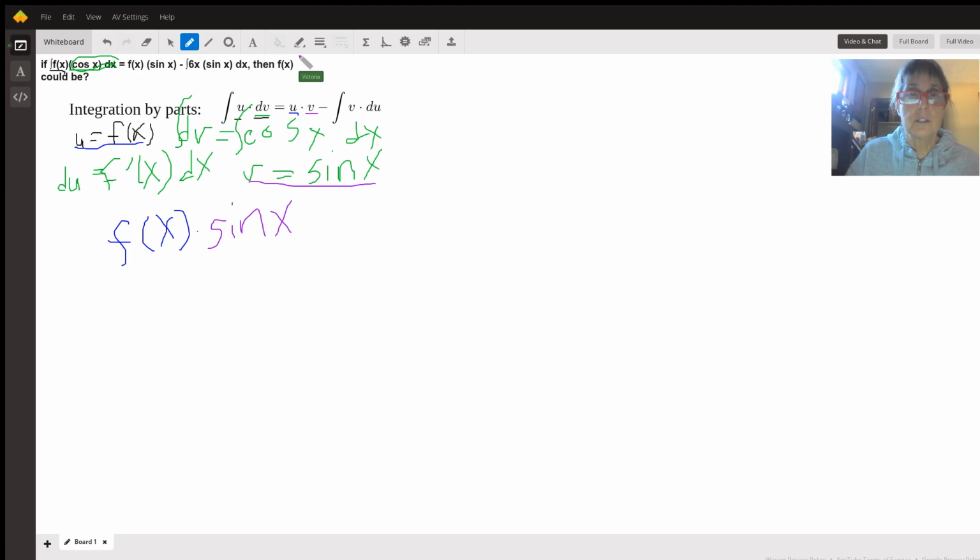Then just filling in the formula, we have a minus sign, and then we need the integral of v, which again is here. It's the sine of x times du, which we haven't used yet.